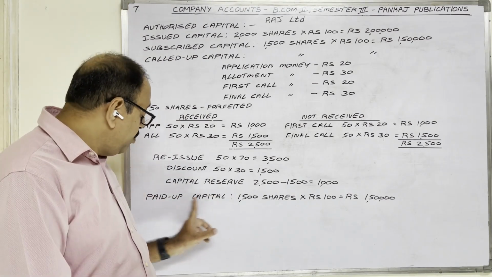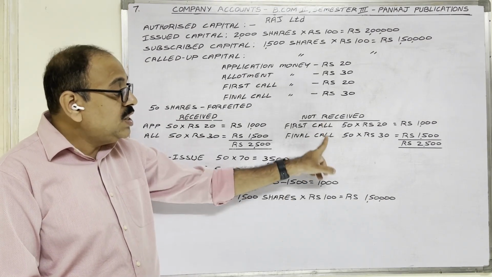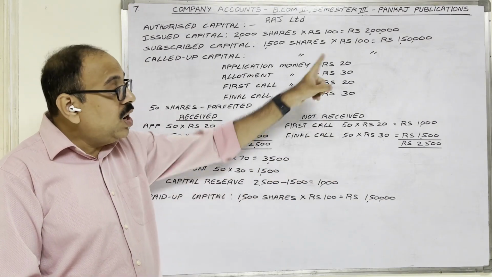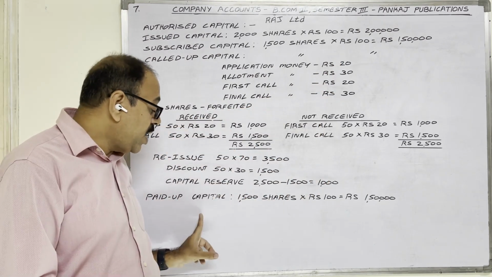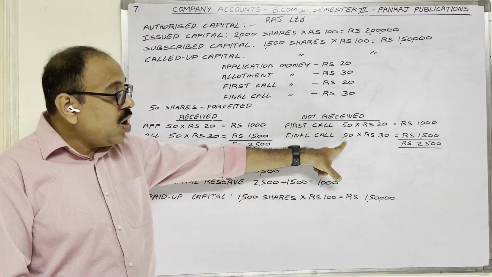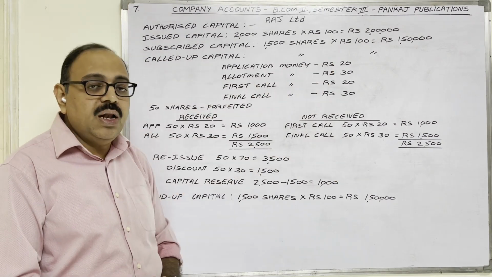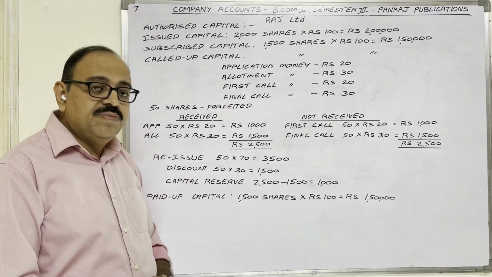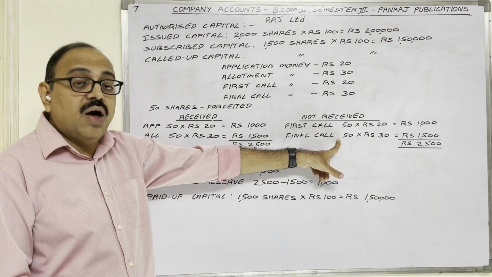Finally, how much is the paid up capital amount? In previous problems, when there were some calls in arrears, from called up capital we used to subtract those calls in arrears. Then paid up capital used to come. But in the present problem, even though calls in arrears are there, we should not subtract that from called up capital to find out paid up capital, because these 50 shares are reissued.